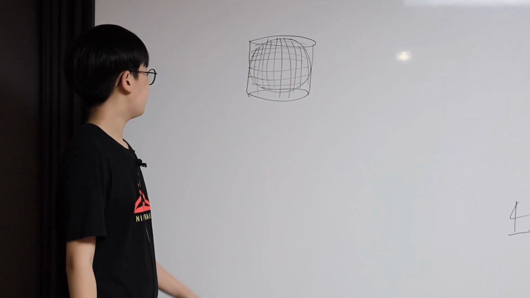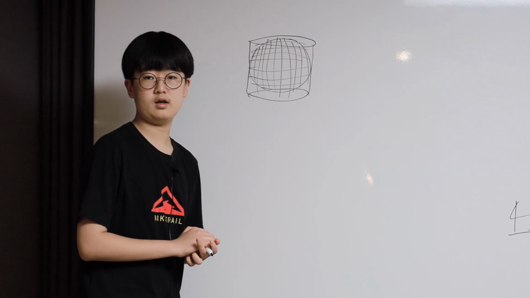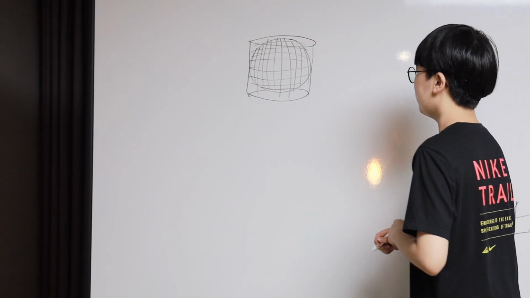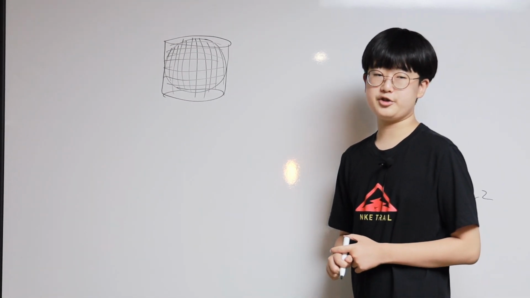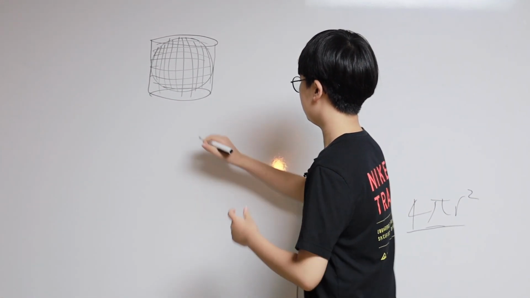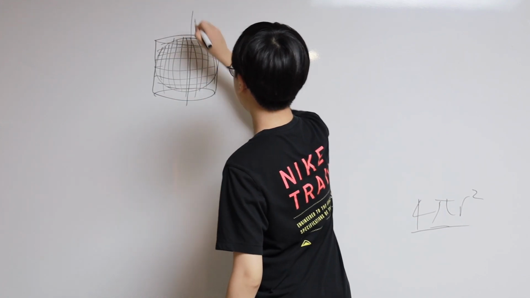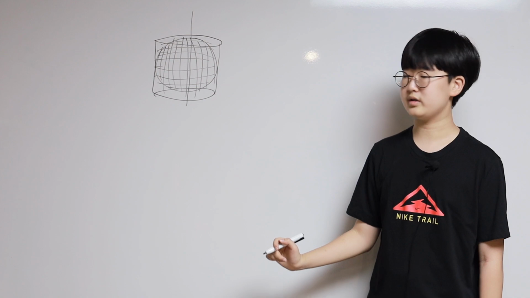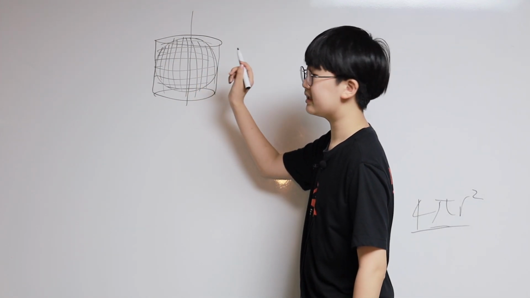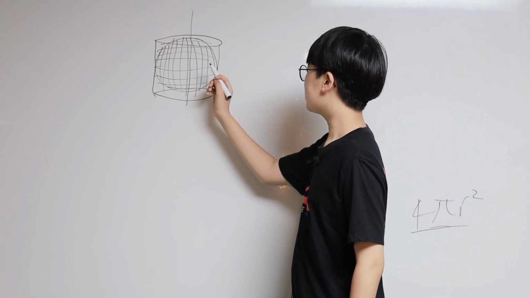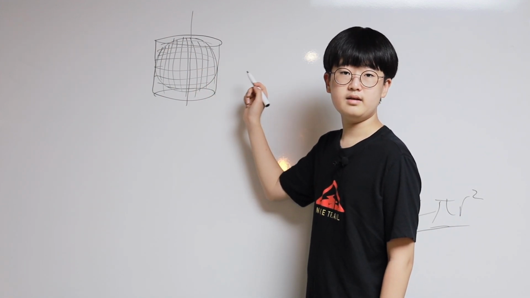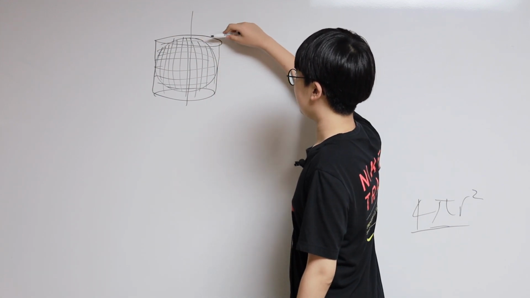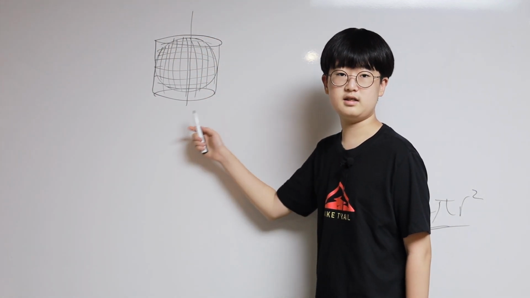As you can see, I drew a cylinder here, and now we're going to imagine there's a stick that is a light source, and we're going to project these squares onto the cylinder, but we are not going to think about the circle sides of this cylinder.